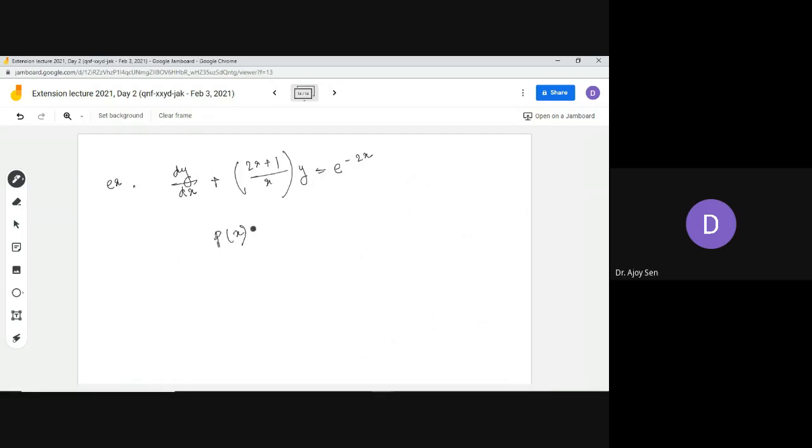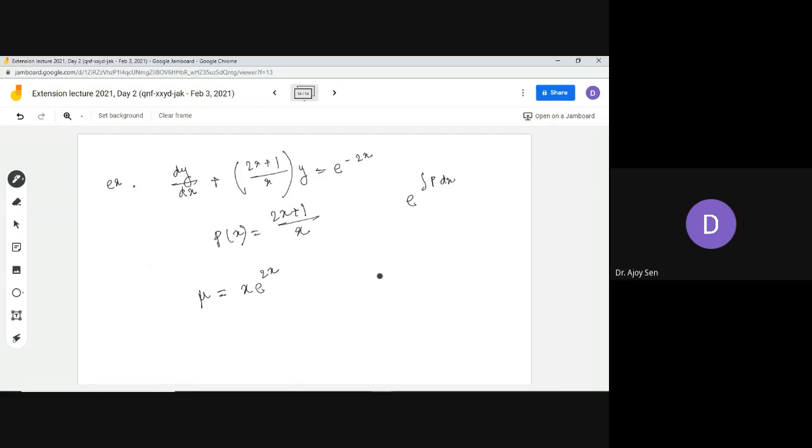In this case P(x) equals to 2x plus 1 divided by x, and if you try to find out what is mu, I think you will get e to the power 2x times x. This is mu, this is the integrating factor. You can easily check e to the power integration P(x) dx from this thing.